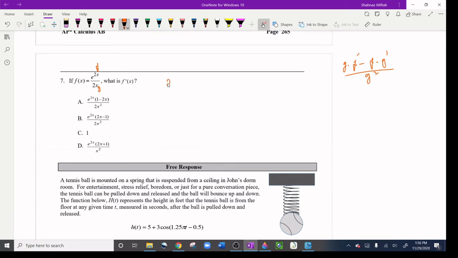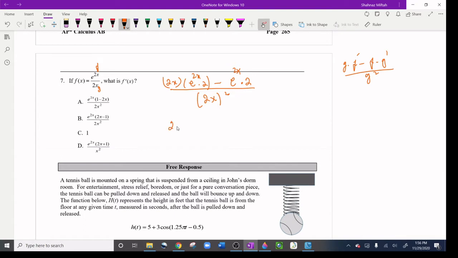So I'm taking that. G is 2x, keep that, times the derivative of f, which is e^2x times 2, minus f stays e^2x times the derivative of g, which is 2. In the bottom, 2x whole squared. So let's fix this around.